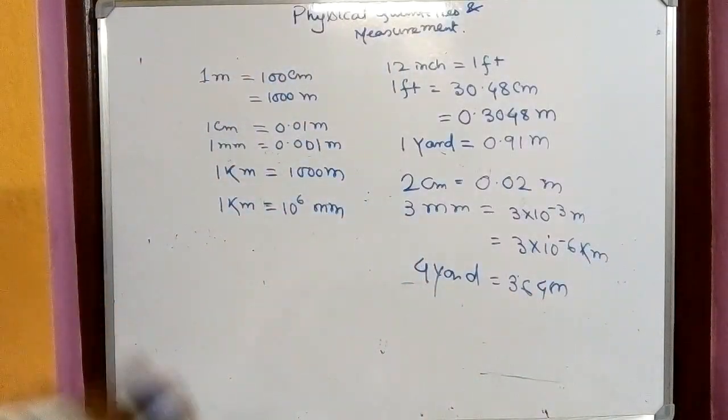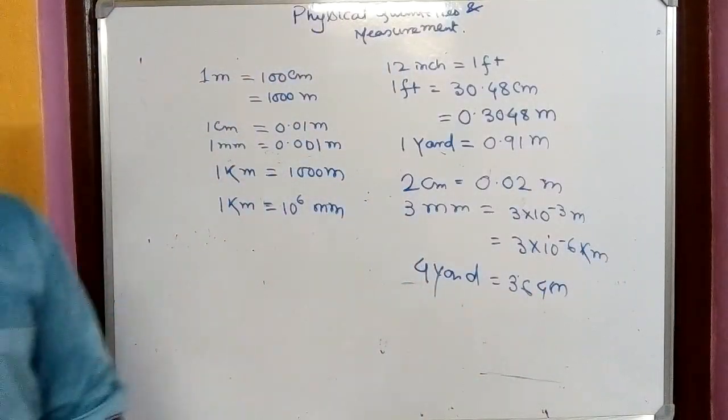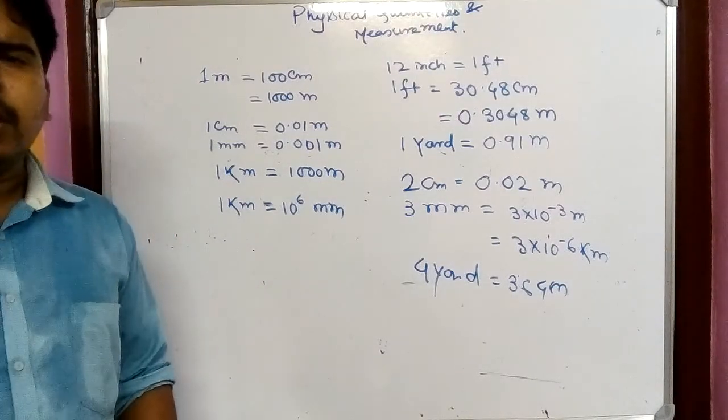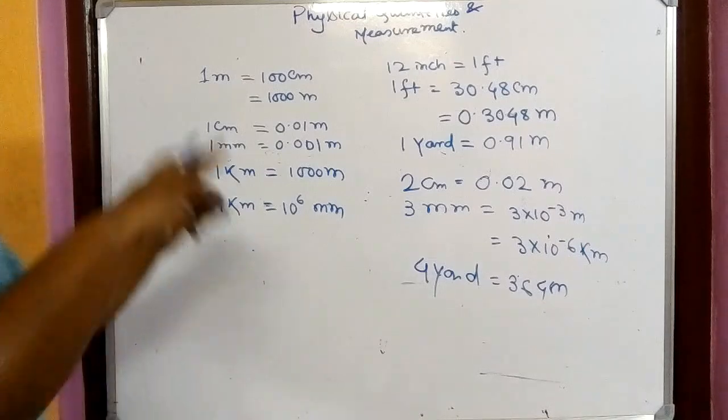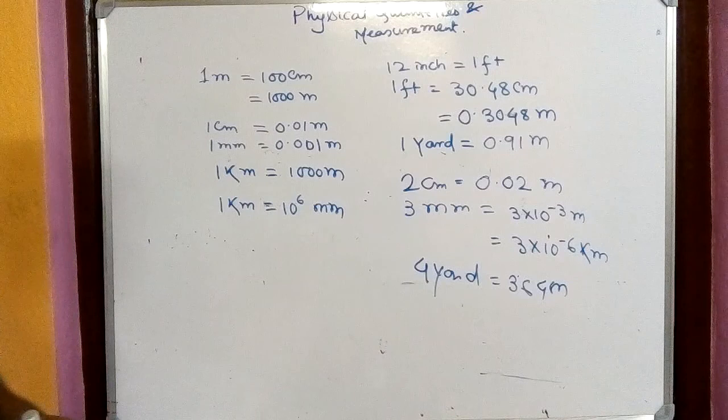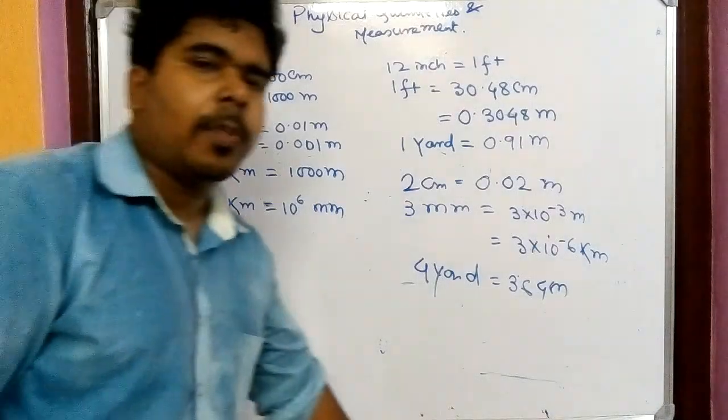So this type of conversion may come in exam as well as in our general daily lives also. We have to remember this thing. Okay, these are very common things and we have to remember. So the conversion of units is over for the case of length.